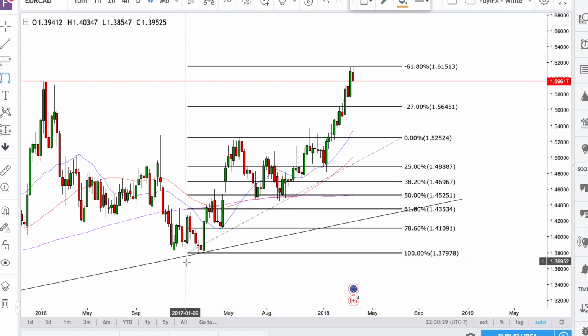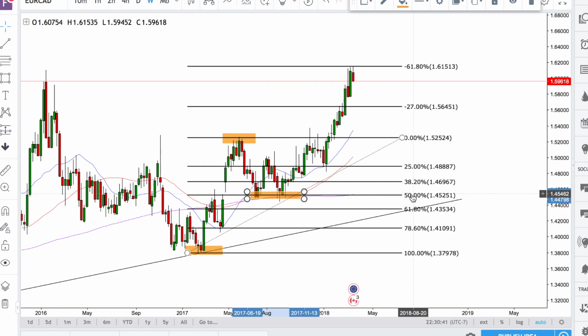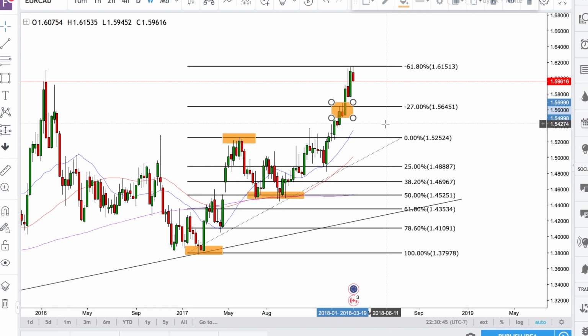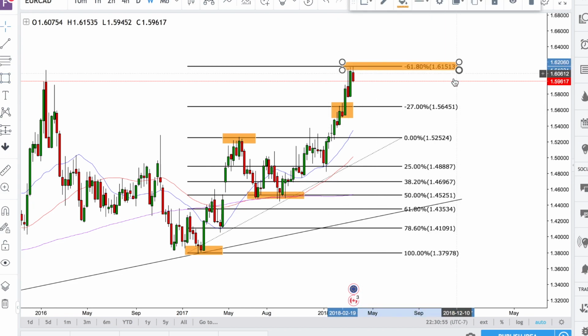So I picked from this low right there to this high here, and you'll see that price came right into the 50% fib. It first targeted the 27 extension here, minor pullback, and now price has tested the 61.8 extension. So that's interesting to note there.